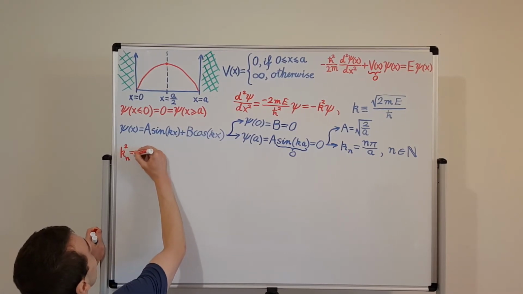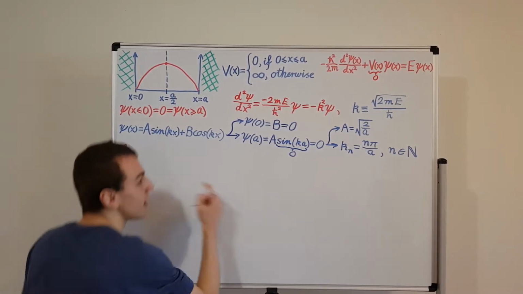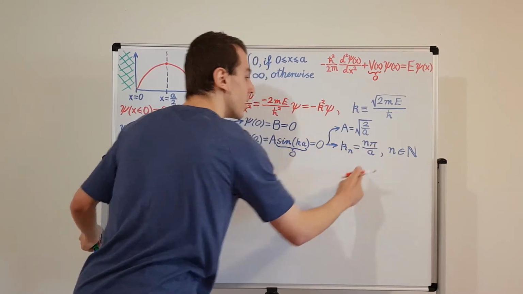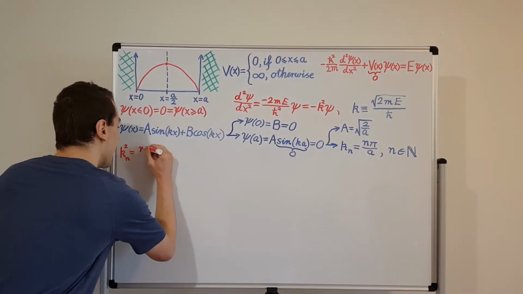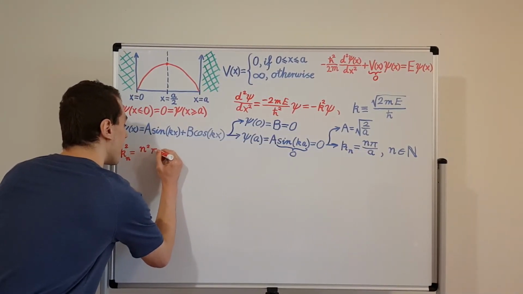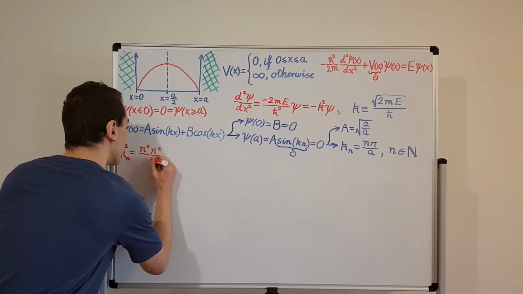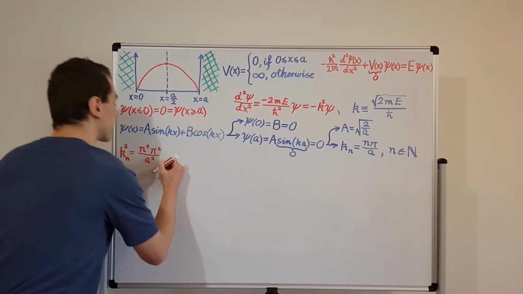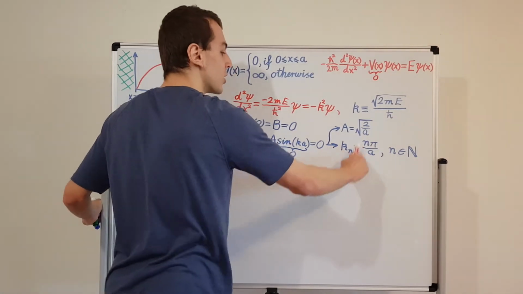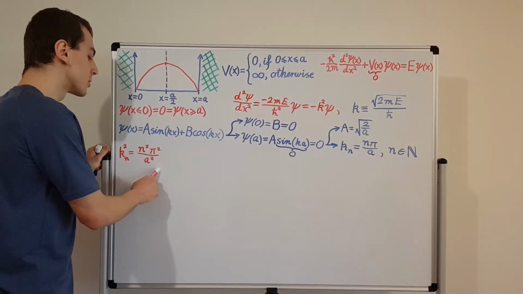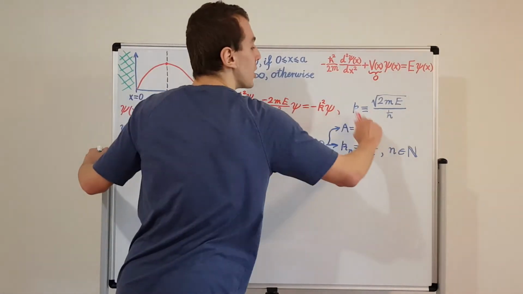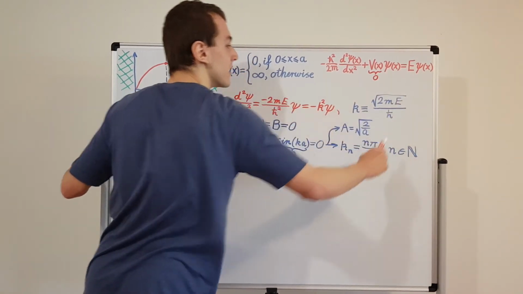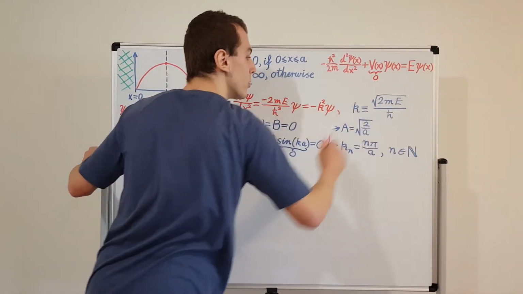What is that going to give me? If I take the square of this value, I can just square this side over here. So that's going to give me n squared pi squared over a squared. So that is this value over here squared. And I can set that equal to the square of k over here. And the square of this is just going to get rid of this square root.